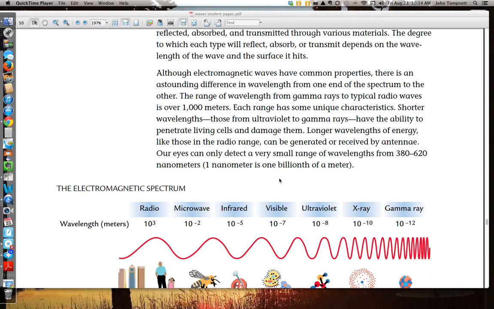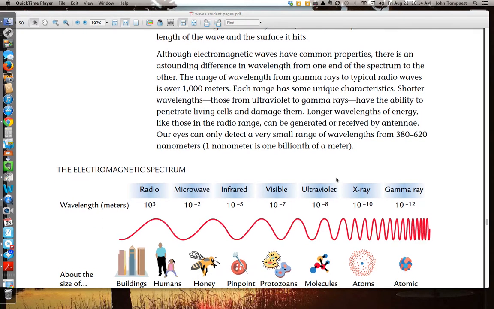Shorter wavelengths, those from ultraviolet to gamma rays, have the ability to penetrate living cells and damage them. Longer wavelengths of energy, like those in the radio range, can be generated or received by antenna. Our eyes can only detect a very small range of wavelengths from 380 to 620 nanometers. 1 nanometer is 1 billionth of a meter.